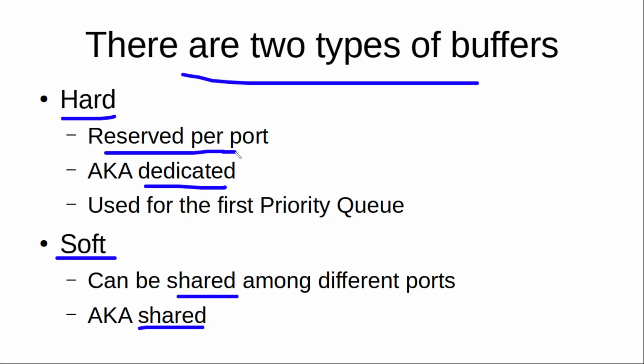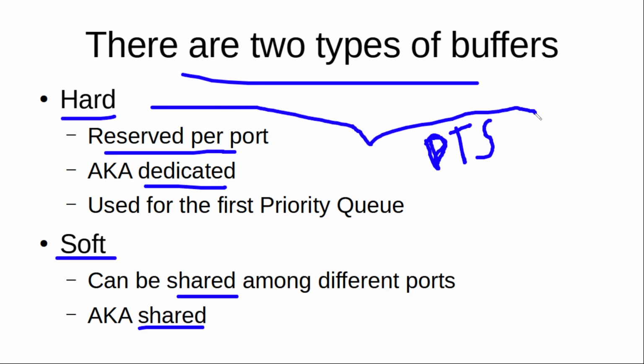These buffers will only get assigned to a single port, and the port will not be able to let them go. The system will not take them, and when I say the system, I am talking about the dynamic threshold scale process, which will not take these hard buffers into account in order to allocate them to another port.